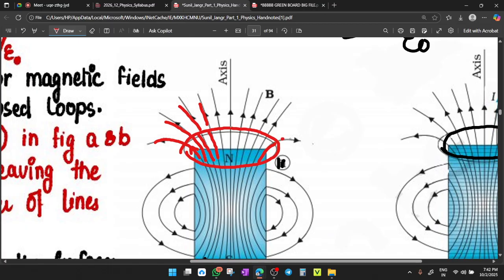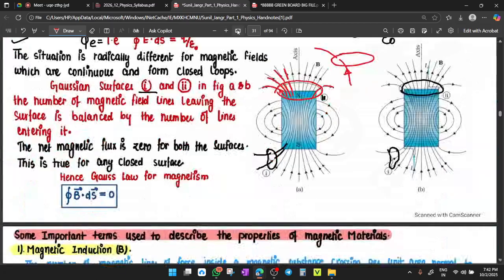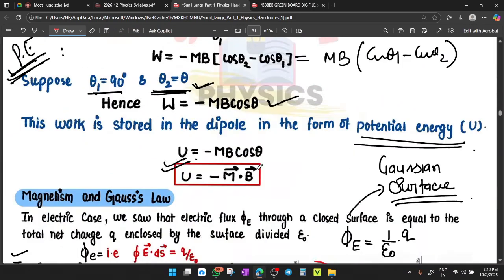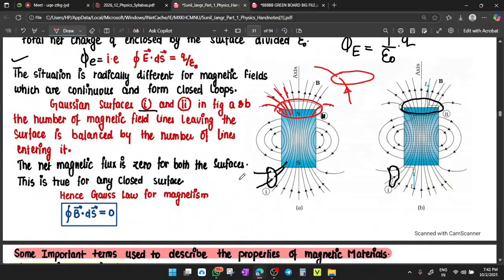Just check, does the number of lines of force entering the surface exactly equal the number leaving from the surface? Yes or no? Exactly. So the lines of force entering the surface are equal to the number of lines of force leaving from the surface.